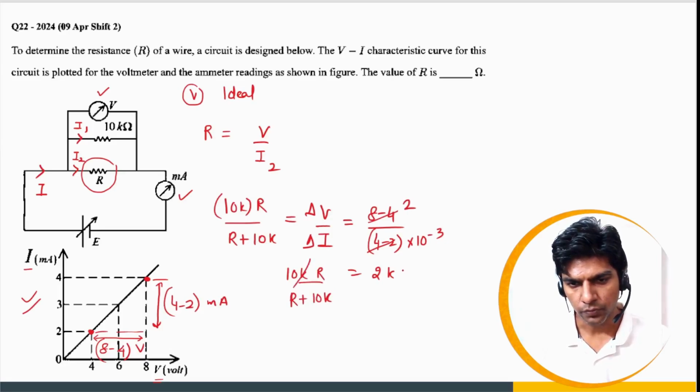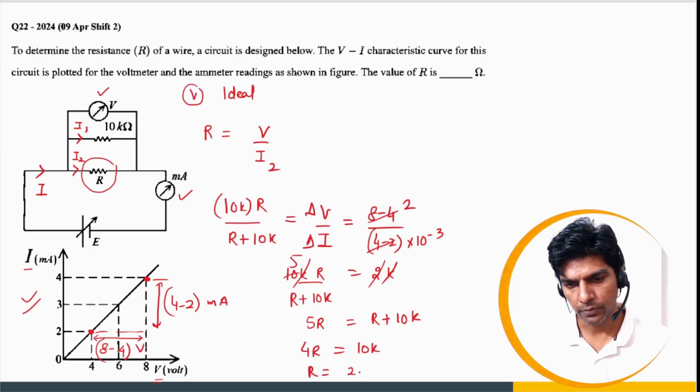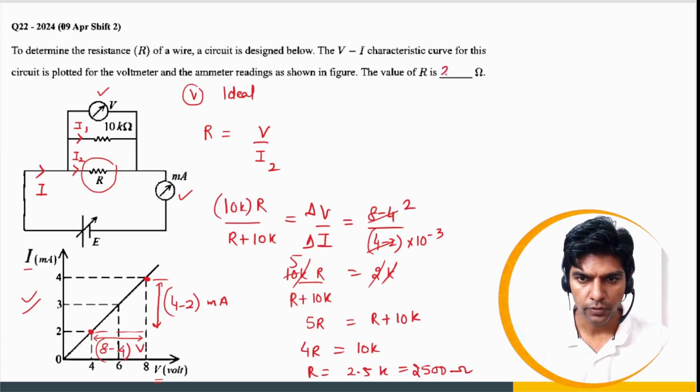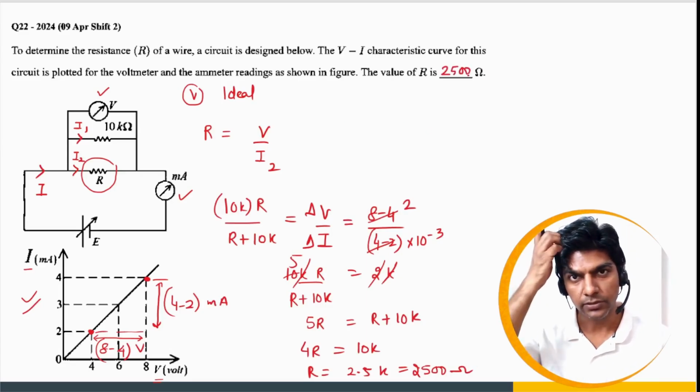So let us remove this kilo, and this will give us 5 here. So 5R is equal to R plus 10k, or 4R is equal to 10k, or R comes out to be 2.5 kilo, or we can say 2500 ohms. So the value of resistance R is 2500. So that is the answer of this question.